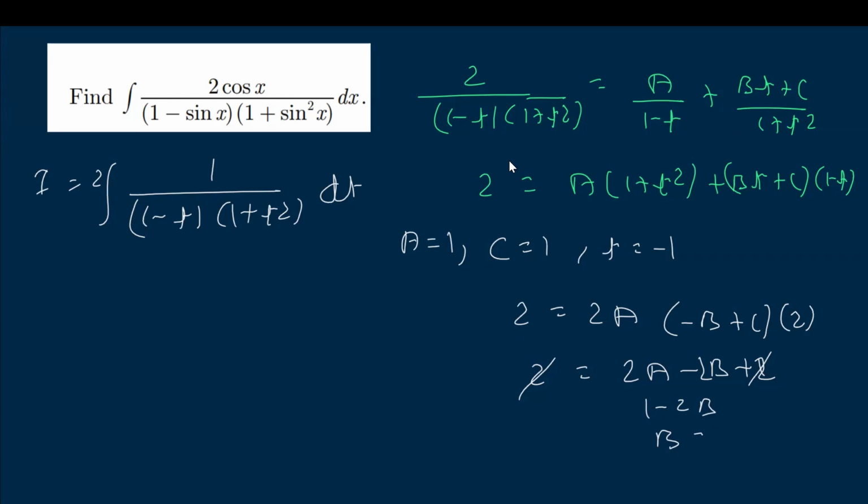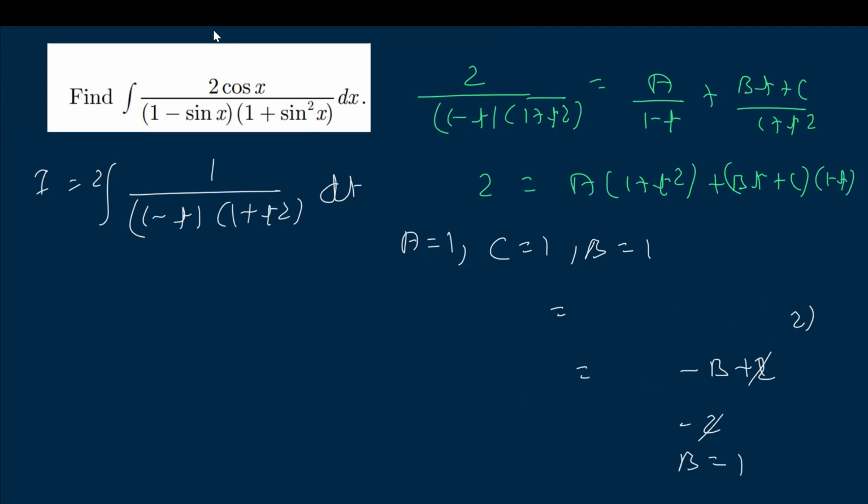What I did, this 2 gets cancelled, 2a, and a is 1. I did something wrong over here. So from here we can see that 2b is equal to 2 times a, and a is 1. So therefore b is also coming as 1. So in fact, a, b, and c, all of them are equal to 1.